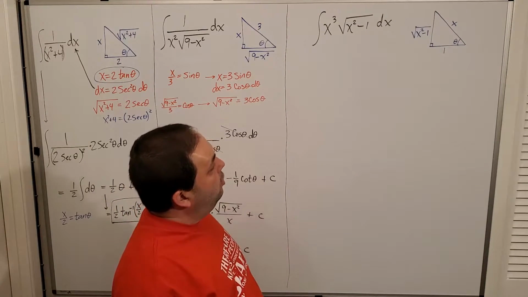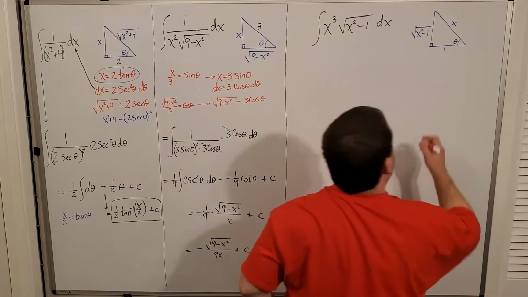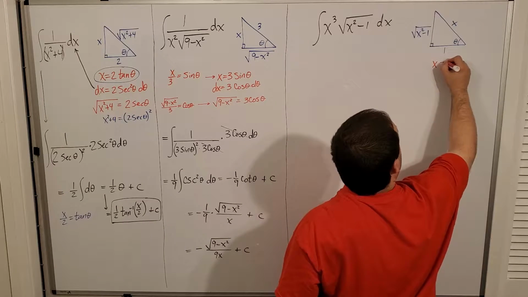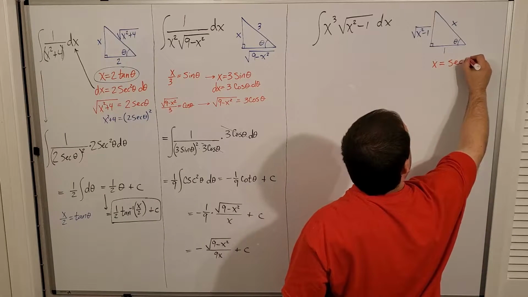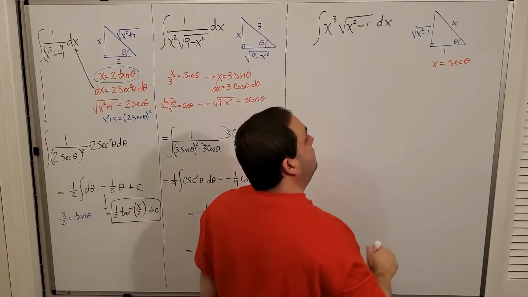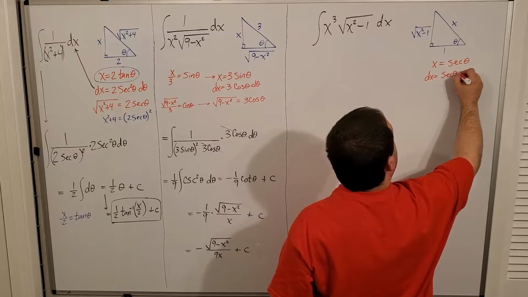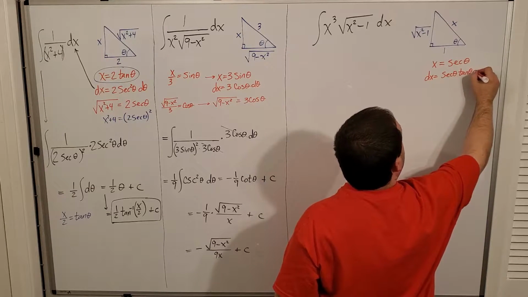Okay, so then I notice x over 1 is the secant here. In other words, x is equal to secant theta. And then my differential, dx, is going to be secant theta, tangent theta, d theta.